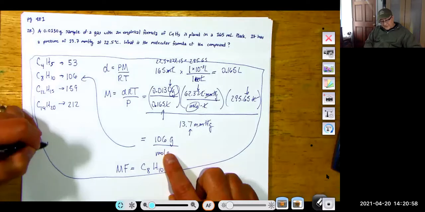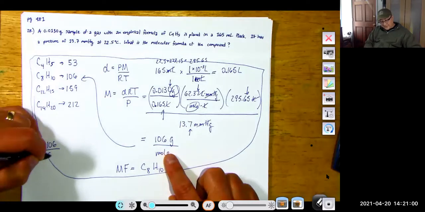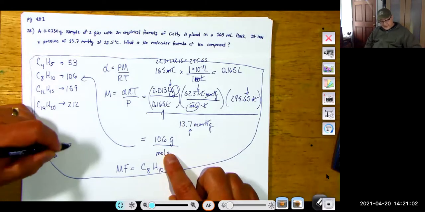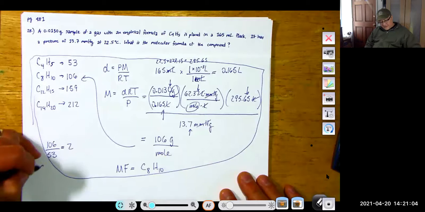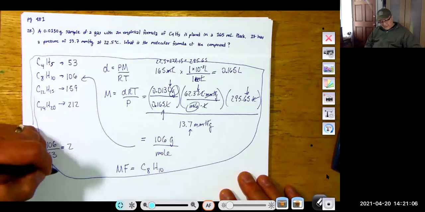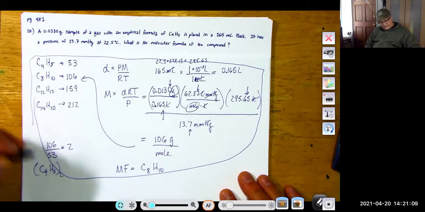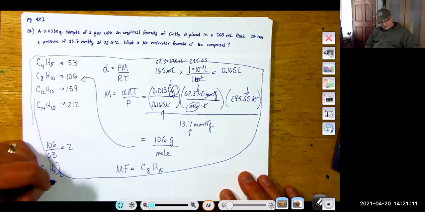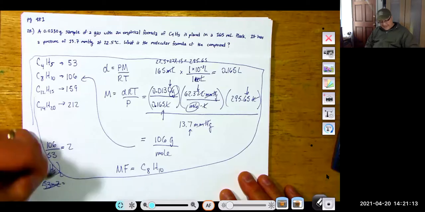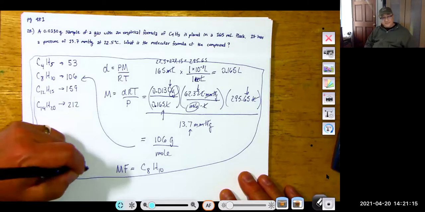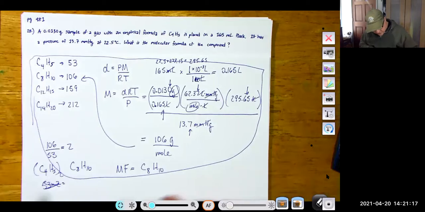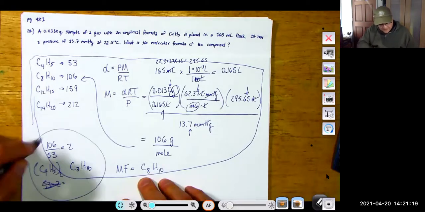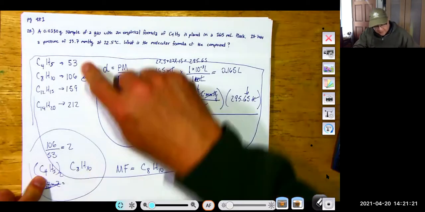So 106 divided by 53, which means the multiplier is 2. Then we would take C4H5 and multiply it by 2, which would be 53 times 2, which is C8H10.